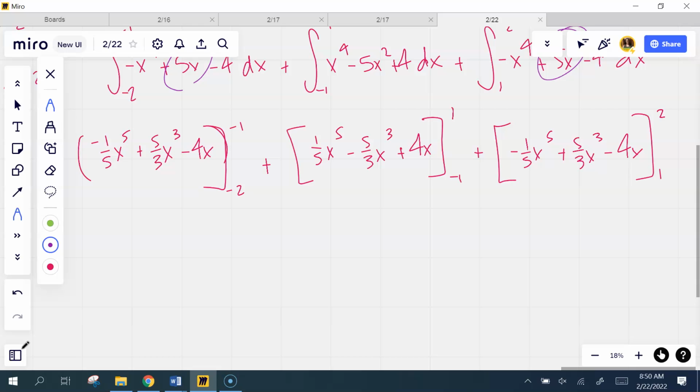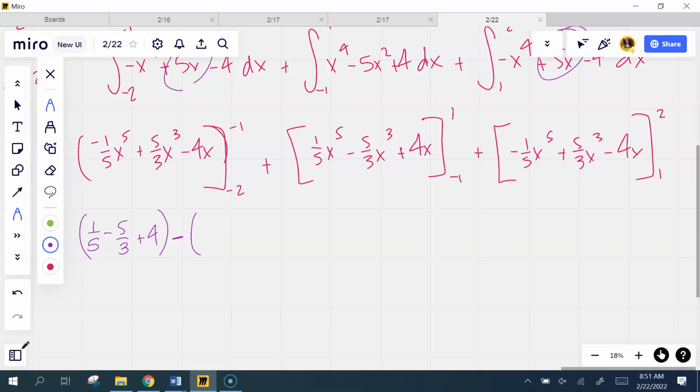If I plug in -1, I get negative times a negative, which is a positive, minus, plus, minus. Now I got to put the 2 in. Thank you, Dylan. 2 to the 5th, 2, 4, 8, 16, 32.